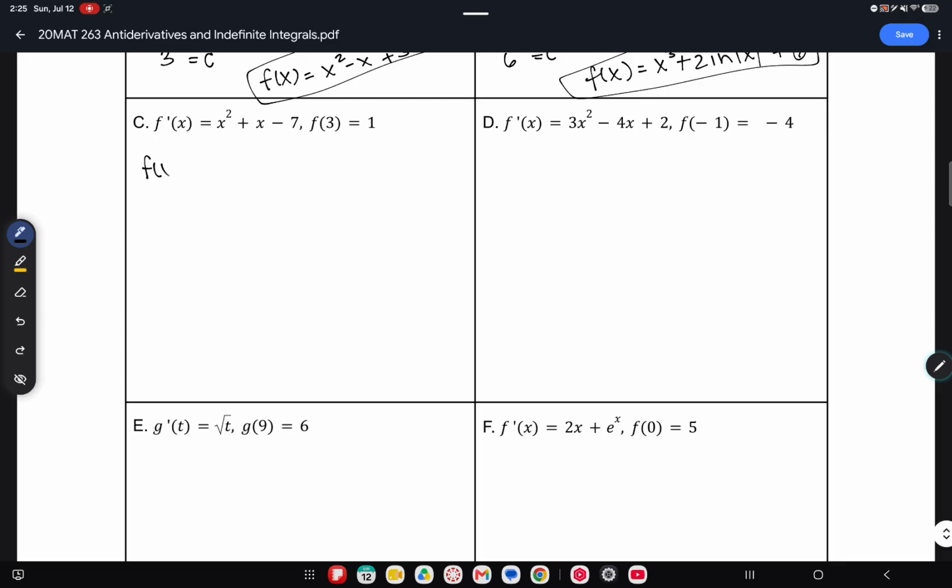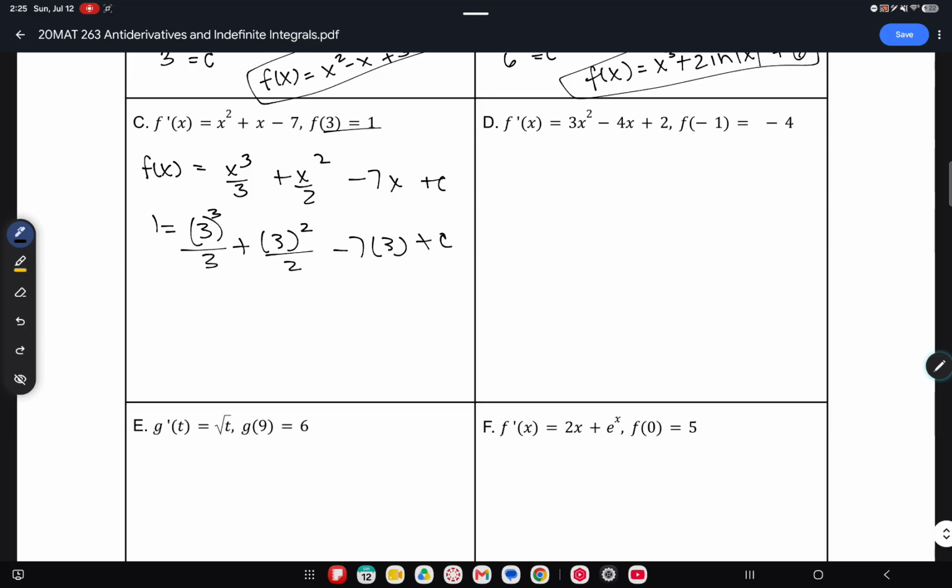So, all right, we'll do the integral. I get x cubed over 3 plus x squared over 2 minus 7x plus c. And I can plug in what I know. So 3 cubed over 3 plus 3 squared over 2 minus 7 times 3. 3 cubed is 27. 27 divided by 3 is 9.